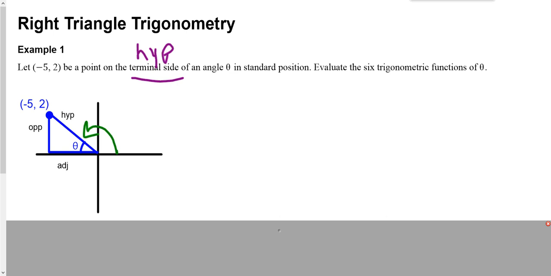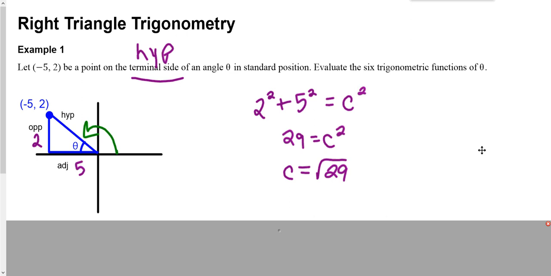But because we're given the point negative 5, 2, we know that the adjacent is going to be 5, because we're traveling 5 units in that direction to get to that point. And then we're traveling up 2 units to get to that point. So that's going to be the opposite side. But now we just need to figure out what the hypotenuse is. And in order to do that, we would have to use the Pythagorean theorem.